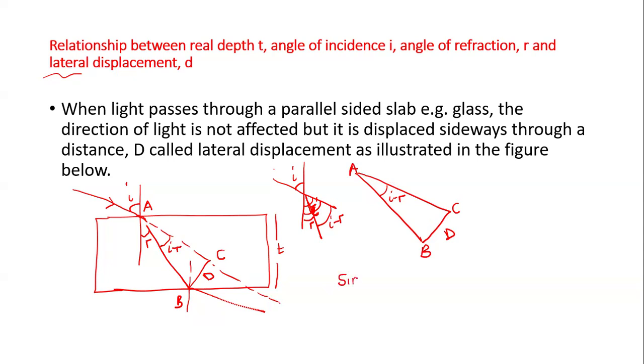So if this is sine of I minus R, our sine, we said, is always equal to the opposite. So here our opposite is D, out of the hypotenuse, and our hypotenuse for this case is the longest side of this triangle. Remember, where they meet here is where we have the 90. So our hypotenuse is going to be our A to B. So what does it mean? It means that my D is the same as having AB sine of I minus R.